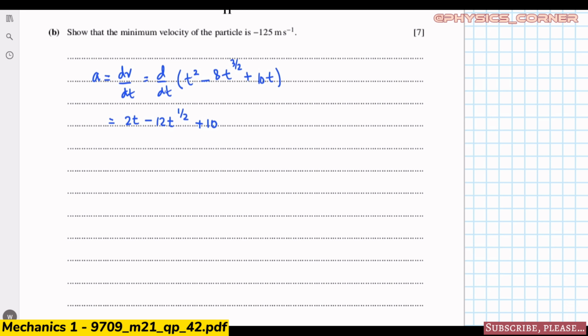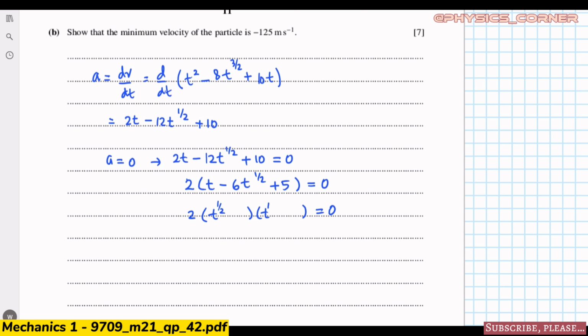Oh, I know. 5 and 1: minus 5 times minus 1 equals 5, and minus 5 plus minus 1 equals minus 6. So the root of t is 5, so t is 5 squared, 25 seconds, or the root of t equals 1, so t equals 1 second.